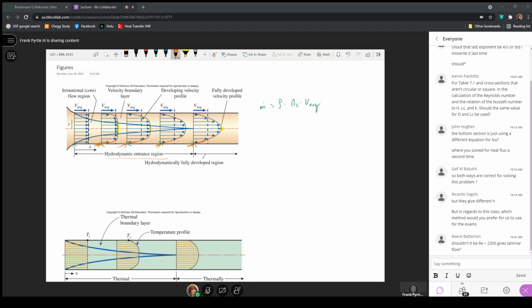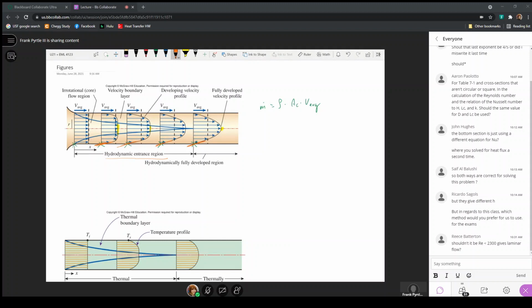But once we get to the fully developed condition where the boundary layer grows together, this shape does not change anymore. This parabolic shape for the velocity distribution becomes a constant, and thus du/dr becomes a constant. The velocity gradient evaluated at the inner radius becomes a constant, and so the shear stress becomes a constant.